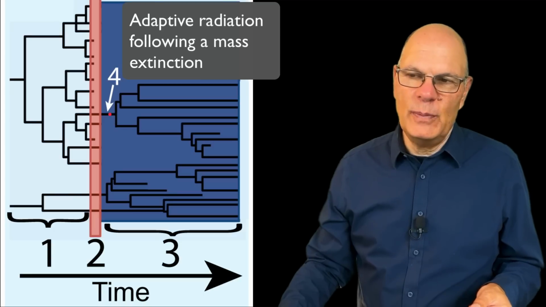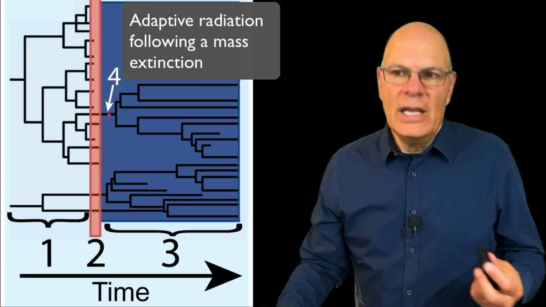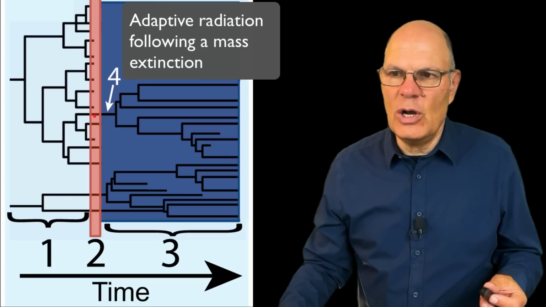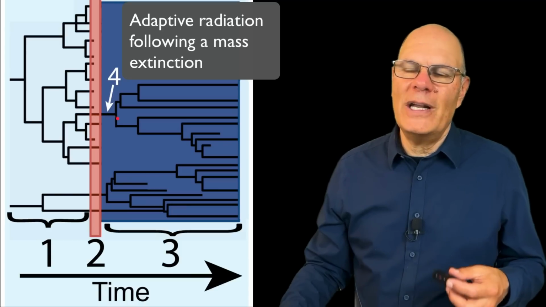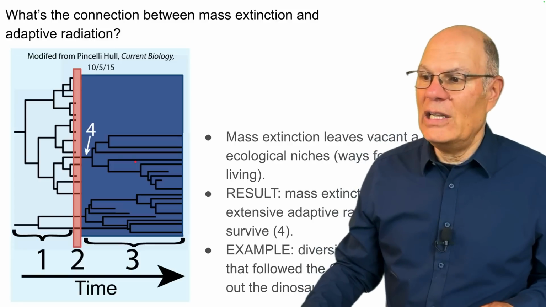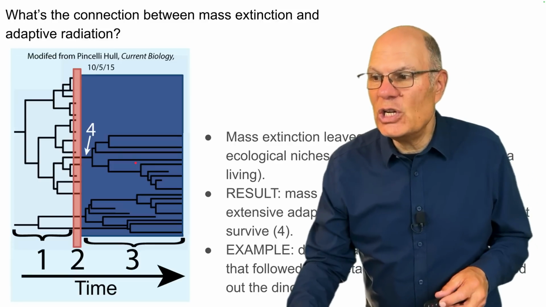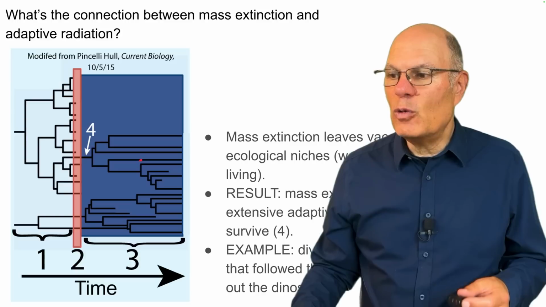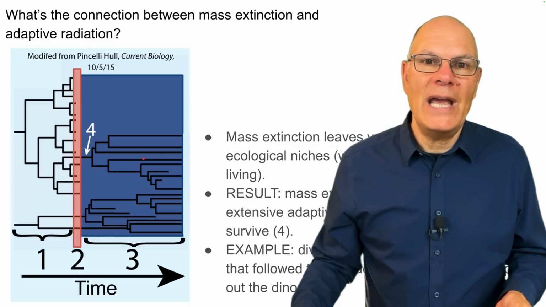And here's one, the species at 4, and it made its way through, for whatever reason, this mass extinction over here, and then it underwent an extensive adaptive radiation. An example of that is the diversification of placental mammals, mammals like us, that followed the Cretaceous extinction that wiped out the dinosaurs.